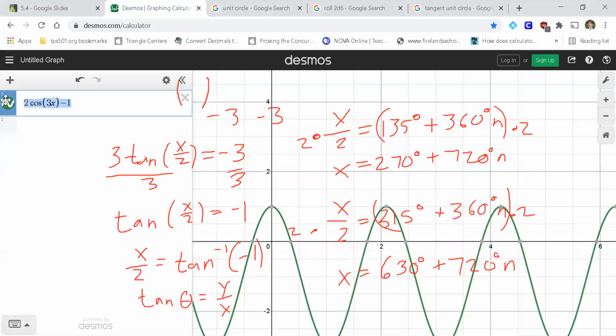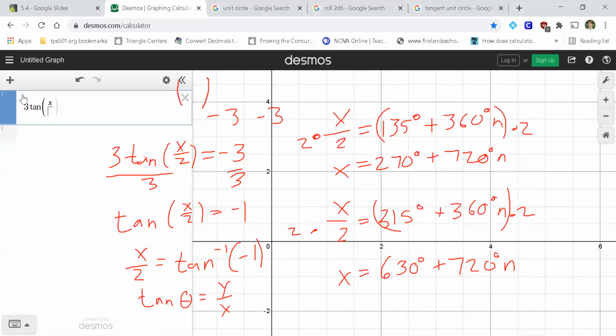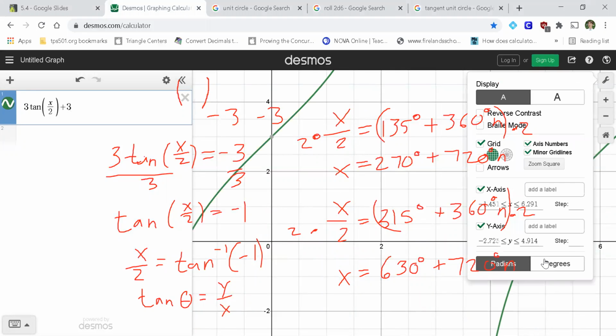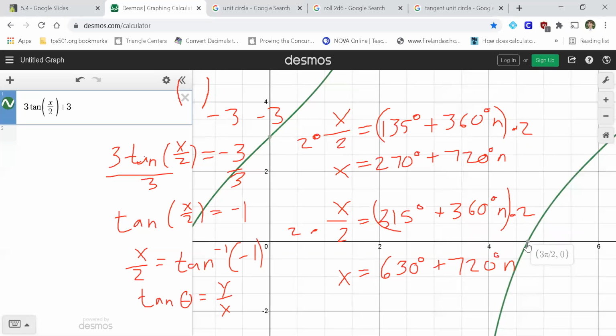And you can confirm that with your calculator, which is always a great idea. 3 pi over 2 is the same thing as 270 degrees.